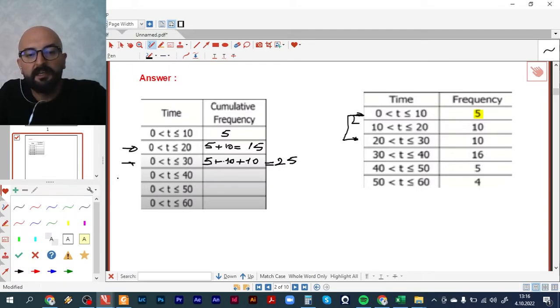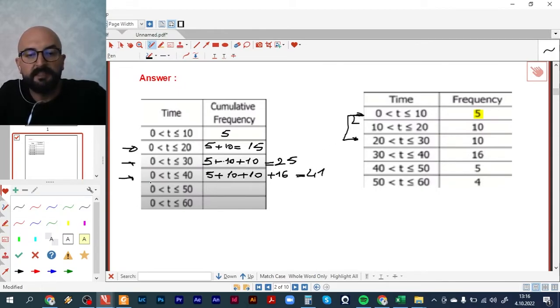And for between 0 and 40 cumulative frequency, we should find 5 plus 10 plus 10 plus 16. So it means 41.